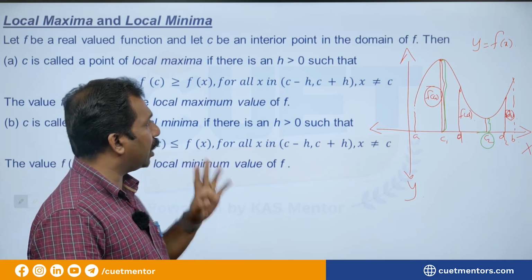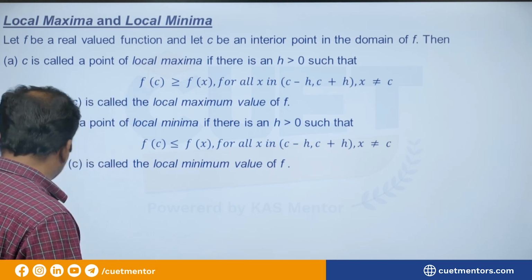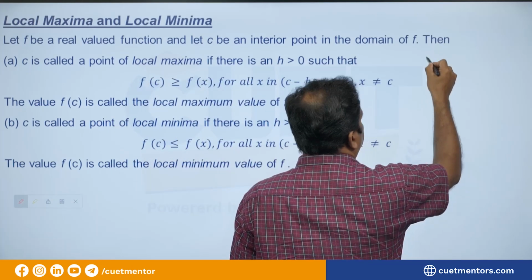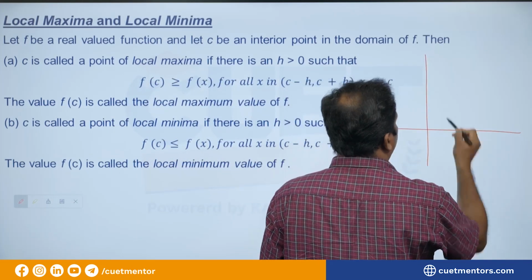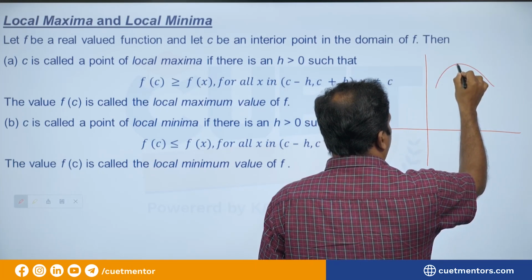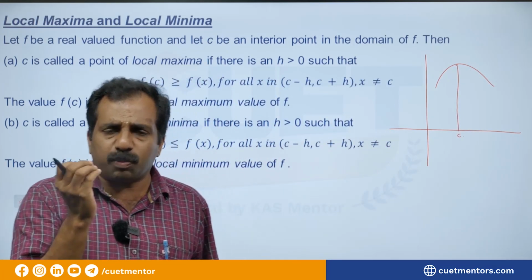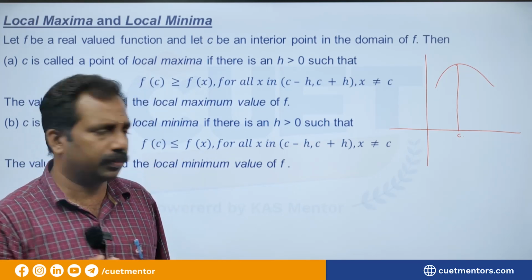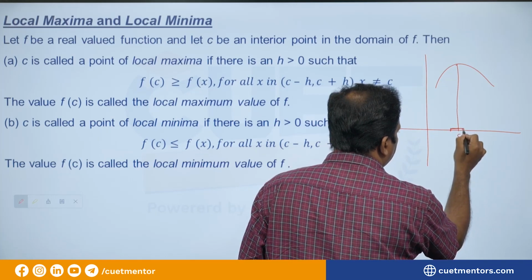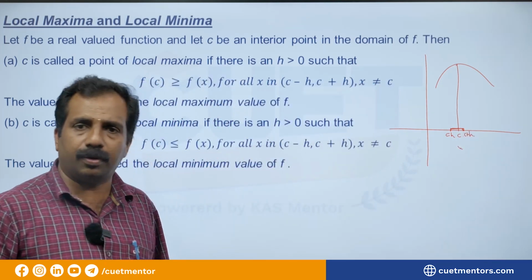Now we are going to discuss local maxima and local minima. Suppose I consider a small part. Suppose this is the point c, and h is a small value greater than 0. Then c minus h and c plus h are here.